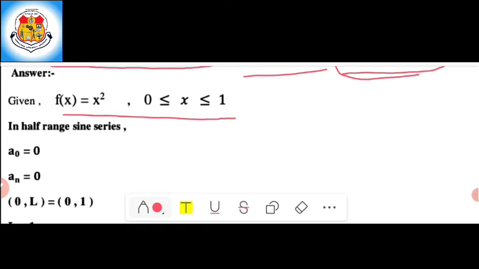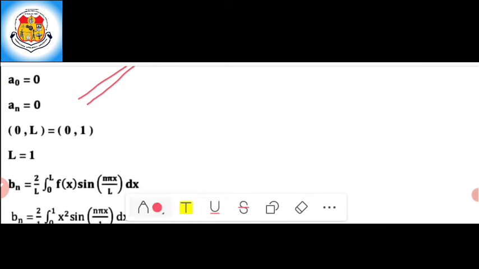We know that in the Fourier half-range sine series, the Fourier coefficients a0 and an are always 0. Now we find the value of L by comparing the given interval 0 to 1 with the arbitrary interval 0 to L. So we get the value of L as 1.